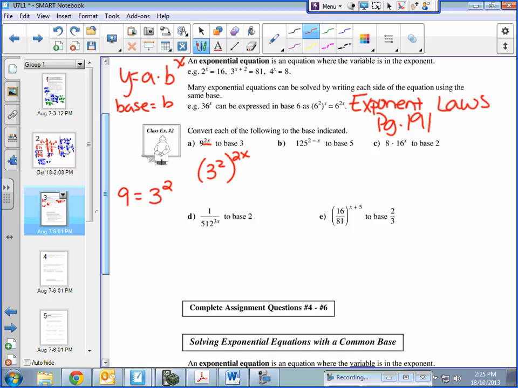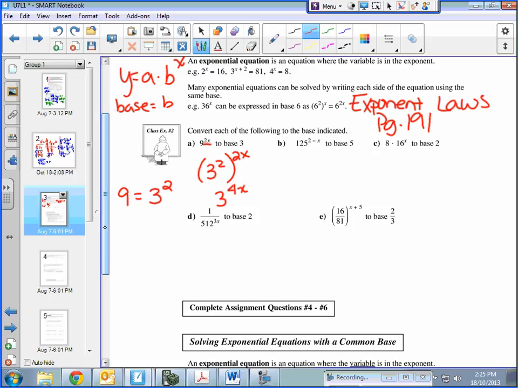Page 191, exponent laws. So power of a power, you multiply. So what is 2 times 2x? 4x. Yep. So when I'm rewriting 9 to the 2x with base 3, I have a base 3, and I just combine my exponents. Does everyone kind of see where we're going with this?